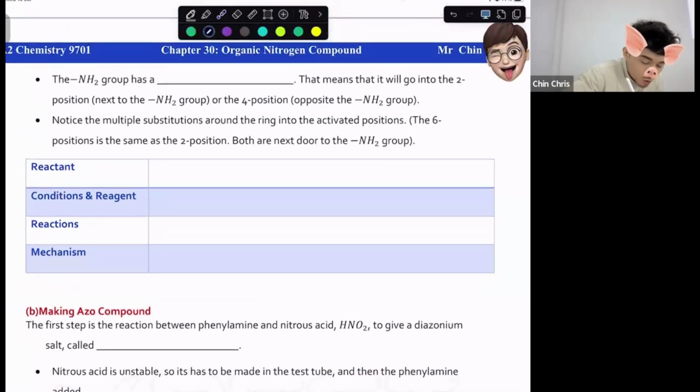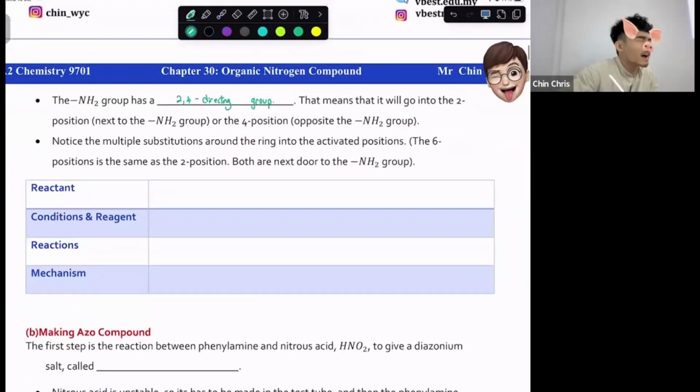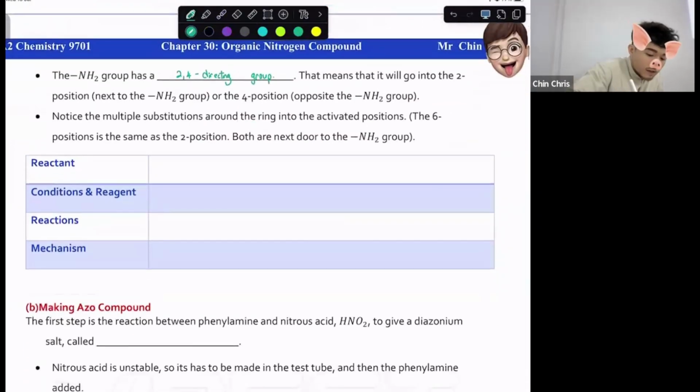Okay, so NH2 has a 2,4 directing effect. Which one is electron withdrawing? 3,5. 2,4 is electron donating.